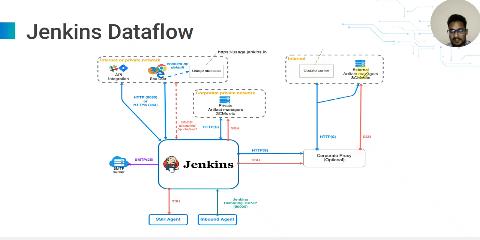And SSH is connected to external artifact management SCM. And HTTP is connected to the update center, and SSH is connected to external artifact management SCM. This is the internet part. This is the Jenkins data flow.